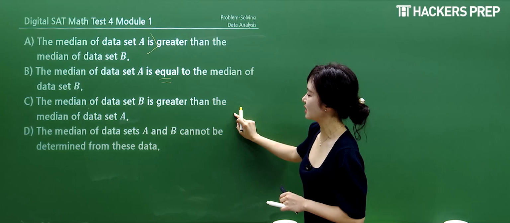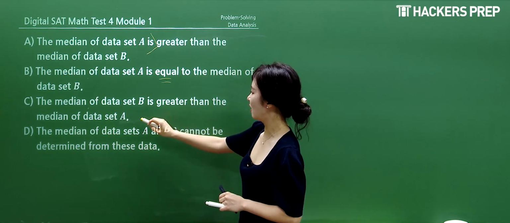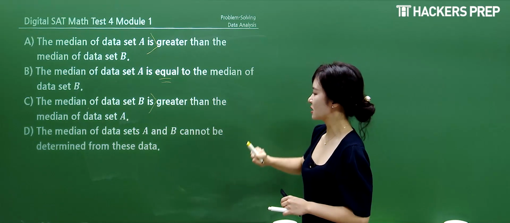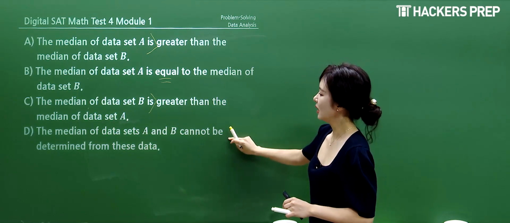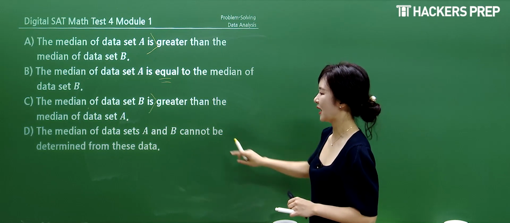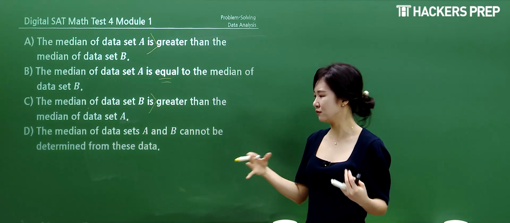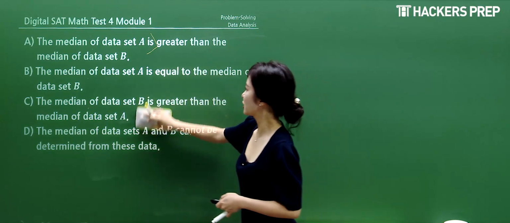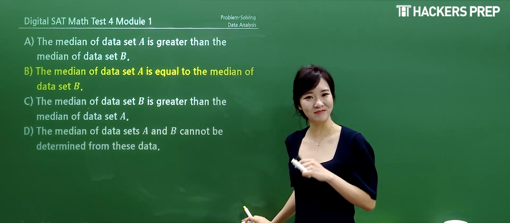C, the median of data set B is greater than the median of data set A. So again, A is talking about A is greater than B, C is talking about B is greater than A. And then D, the median of data sets A and B cannot be determined, but we estimated the approximate value. So in this case, the best answer is probably going to be B. Great.